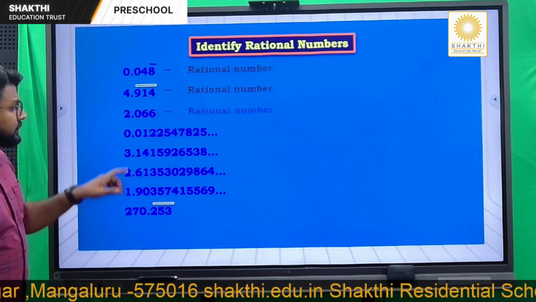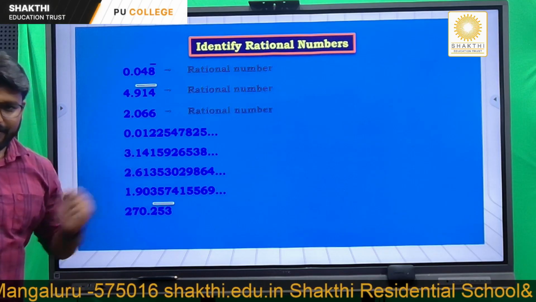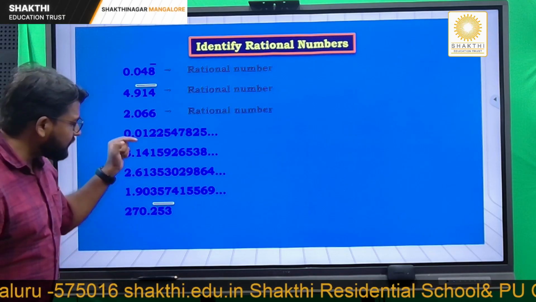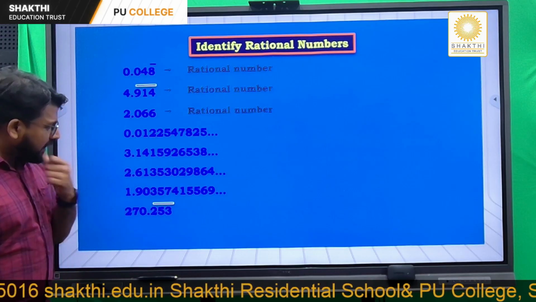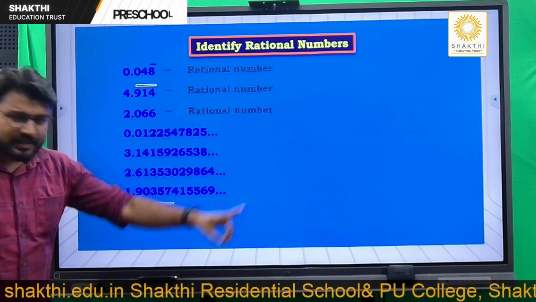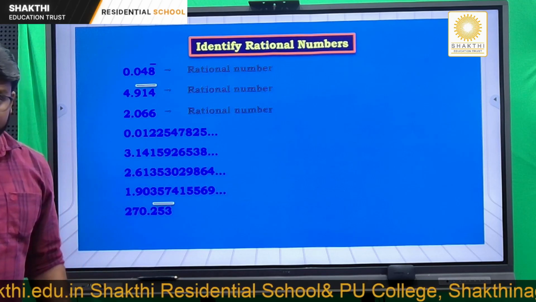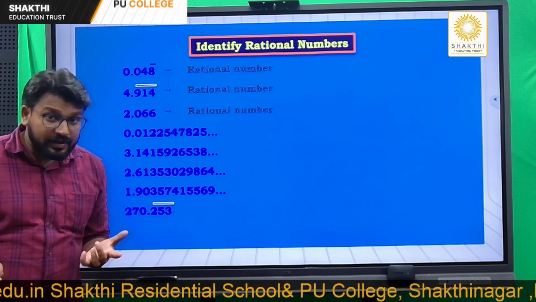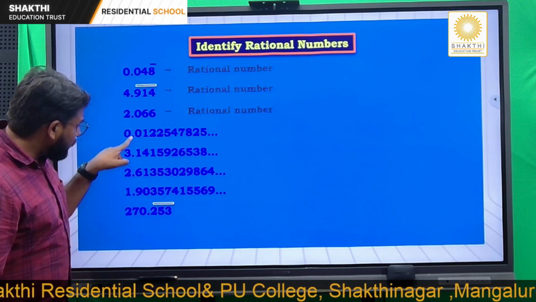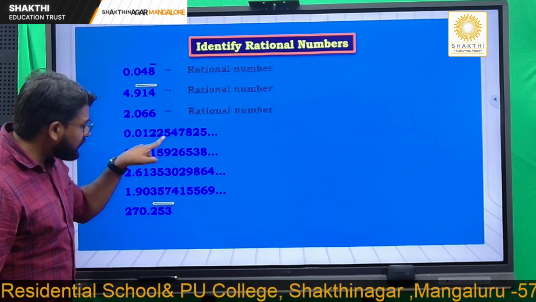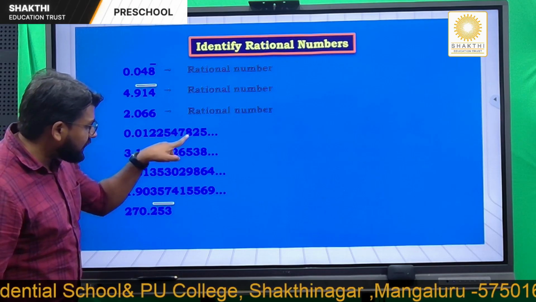And what about this? This is very, very important. When you see this decimal number, dear students, can you see, is there anything repeating or recurring here? If I closely observe this, it is 0.01231254785.